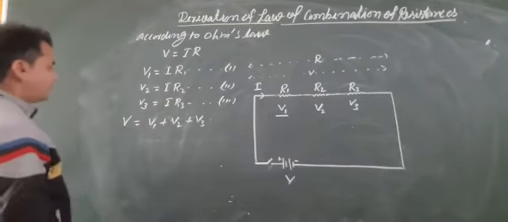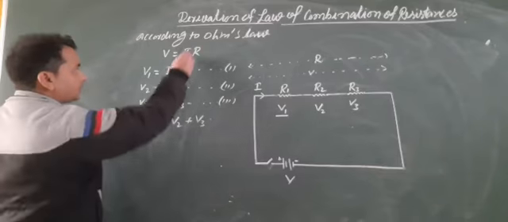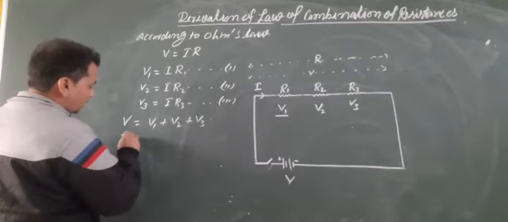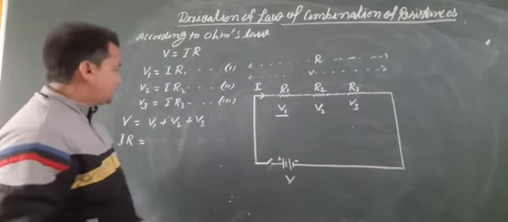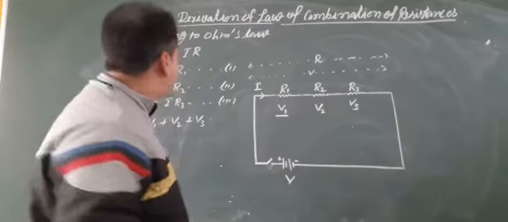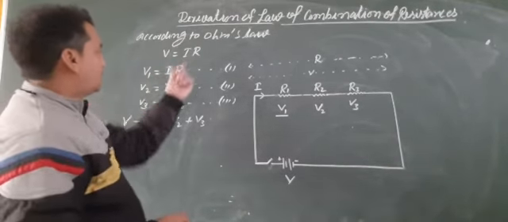So put the value into the equation V equal to I into R. The value of V1 equals I into R1, from the first equation.